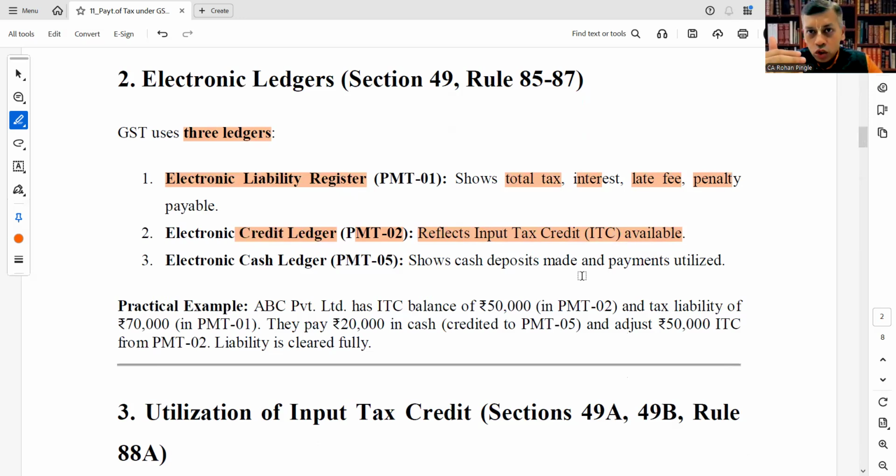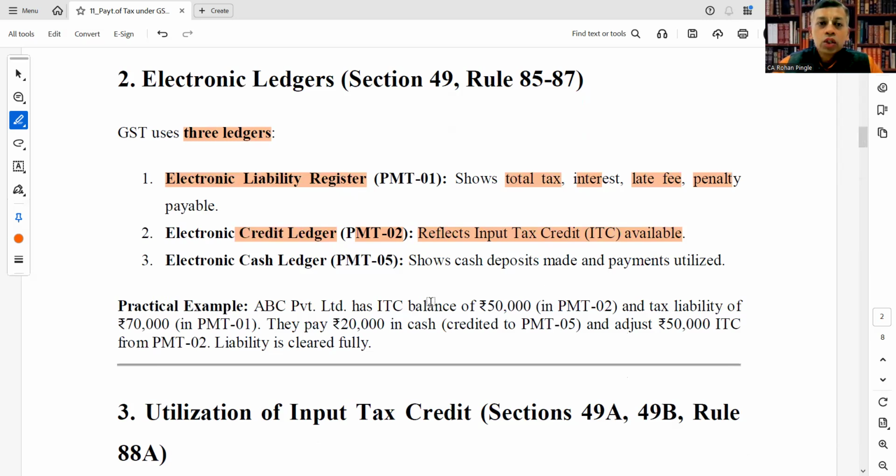The electronic liability register shows total tax, interest, late fee or penalty payable. The electronic credit ledger, that is PMT-02, shows or reflects the input tax credit available to you.